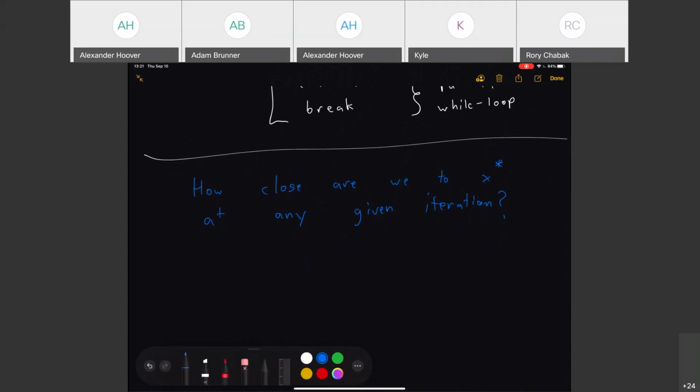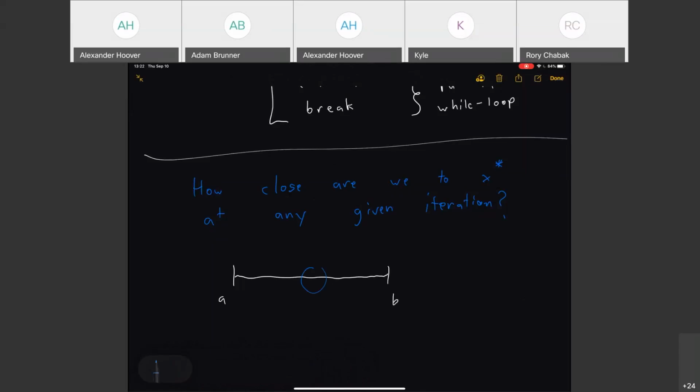So let's say that we start, and we're just going to look at the number line for now, because that's really what's important here. If we think of our interval a to b, the farthest our arrow would be initially would be here, in the center of what we're talking about.